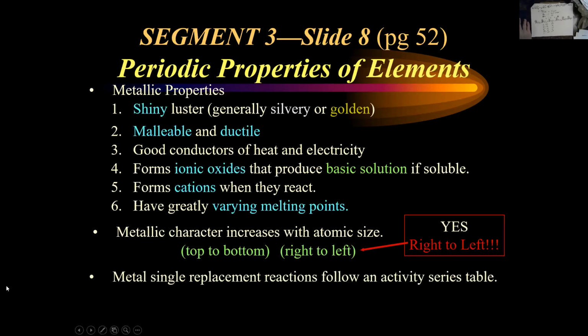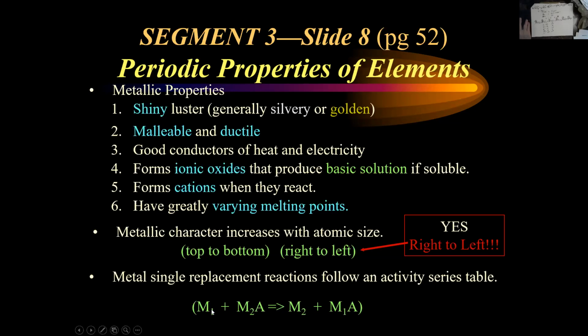Okay. Now, metals follow reactions called single replacement reactions, where you can have one metal react with a compound of another metal. The more reactive one would displace the other one. And we don't know for sure how to predict that, especially in aqueous solutions. So we have to do an experimental determination of which reactions happen and which ones don't to create an activity series table.